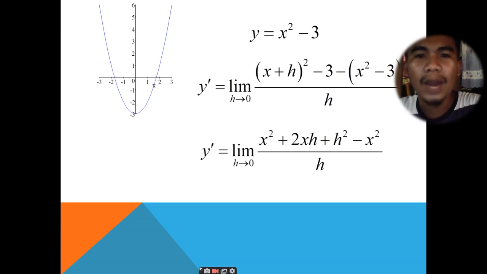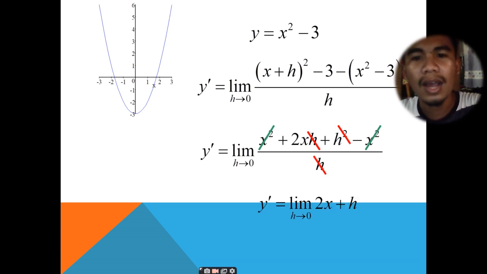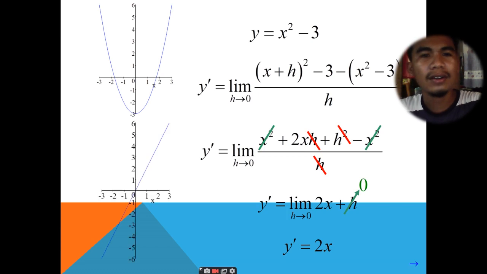So y prime is the limit of x squared plus 2xh plus h squared minus 3 minus x squared plus 3, over h. We cancel out x squared and 3, and h. So we have y prime equals the limit of 2x plus h as h approaches 0. The h becomes 0, so we have y prime equals 2x. So our graph will be like this.